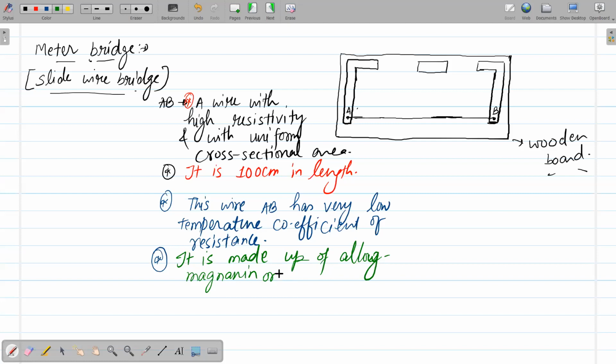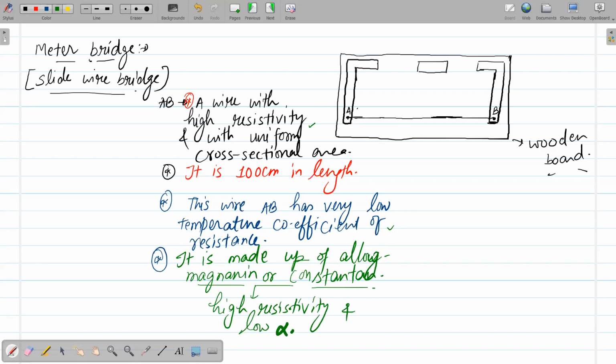Copper is also used, and one more alloy is constantan. So generally we take these alloys. And why do we take these alloys only? Because these alloys possess these characteristics: high resistivity and low alpha. Clear?